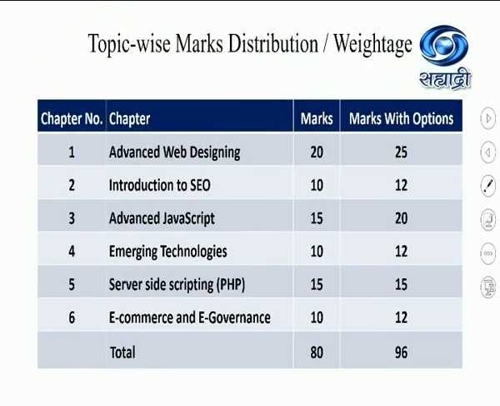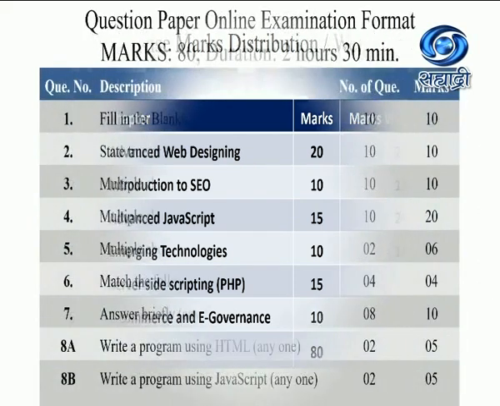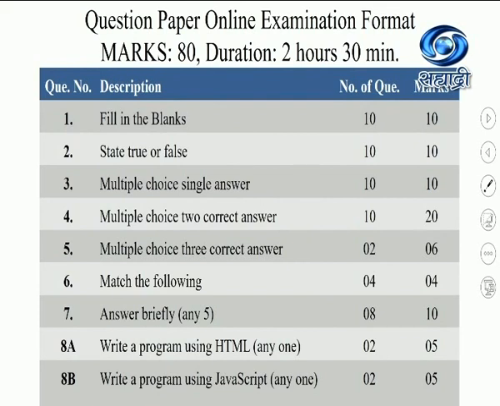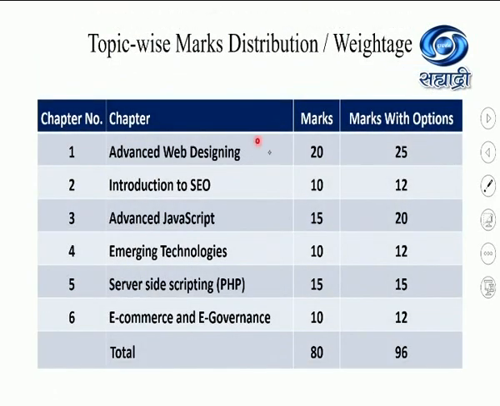This is a topic-wise marks distribution or topic-wise weightage for each chapter. So the first chapter will be having 20 marks weightage. Marks with option are 25. Why? Just now we have seen we have got the 5 marks option in question number 8A for this first chapter. From SEO, you will be having 10 marks weightage and a 2 marks option will be there.